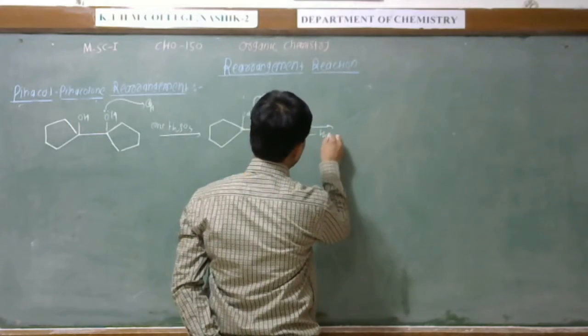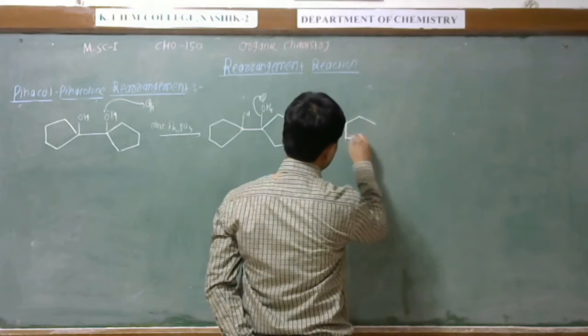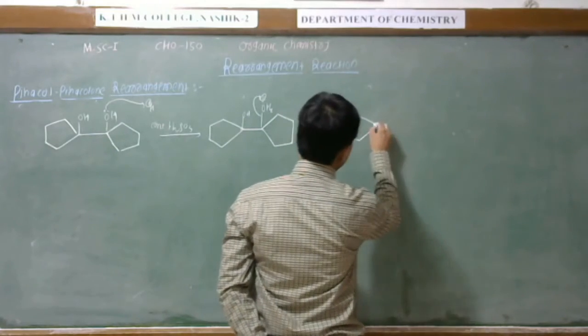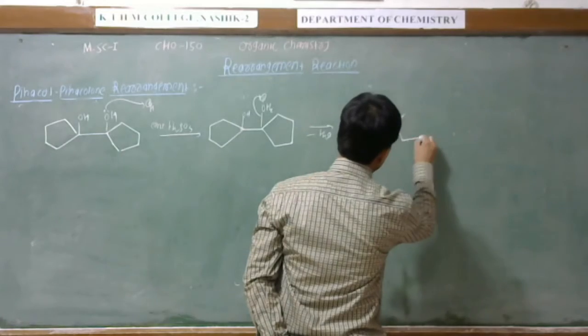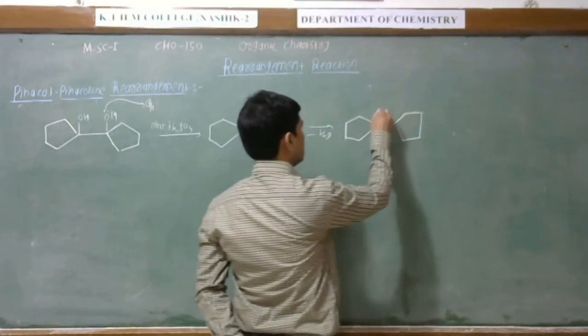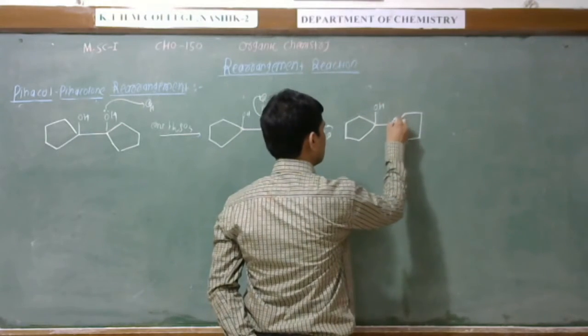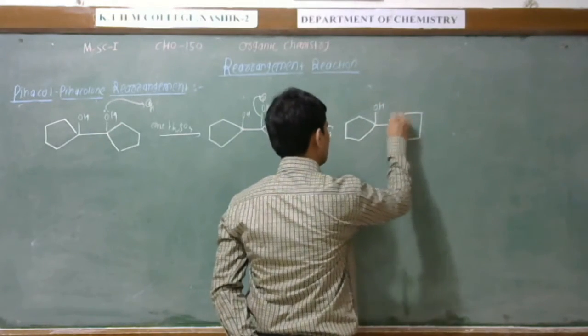So after the dehydration, we can write the new structure in such a way. See, this is the OH here, this is the OH here, and here is the positive charge, here is the positive charge.